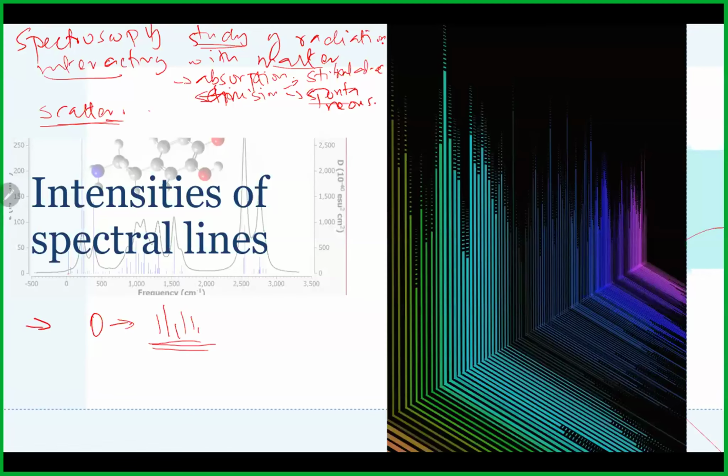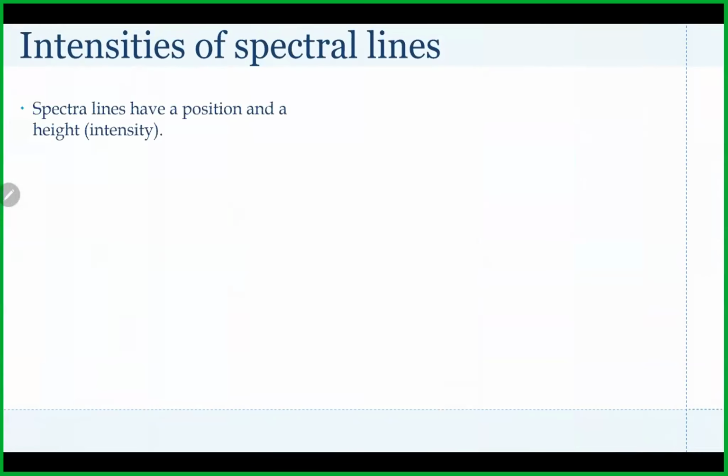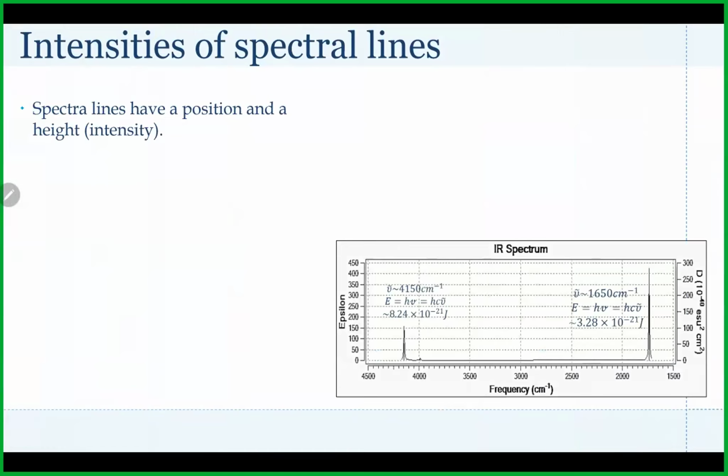lines now, what happens after a frequency has been absorbed or taken off? What I showed the other time, the lines, this is an example. I have an example of a spectrum here.